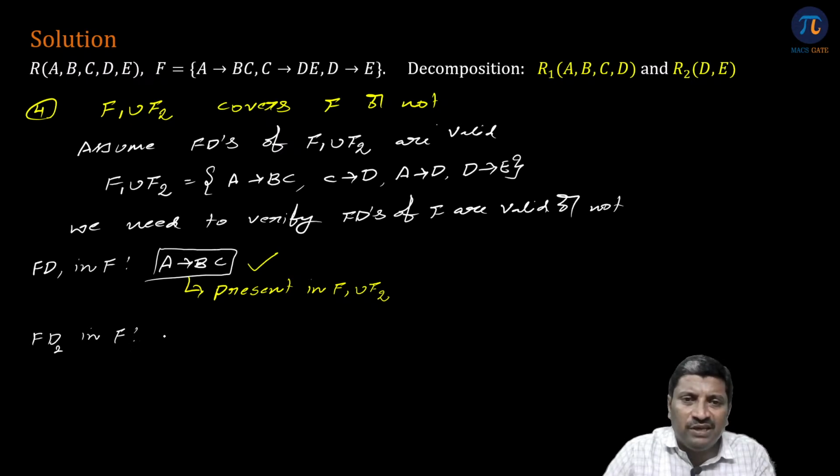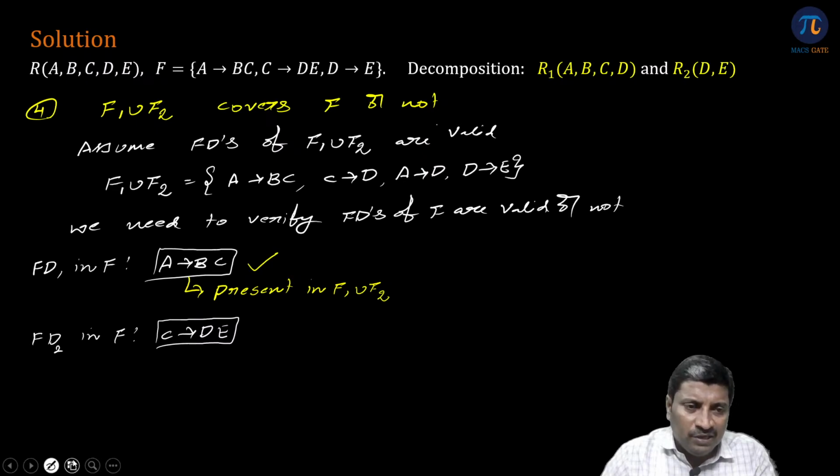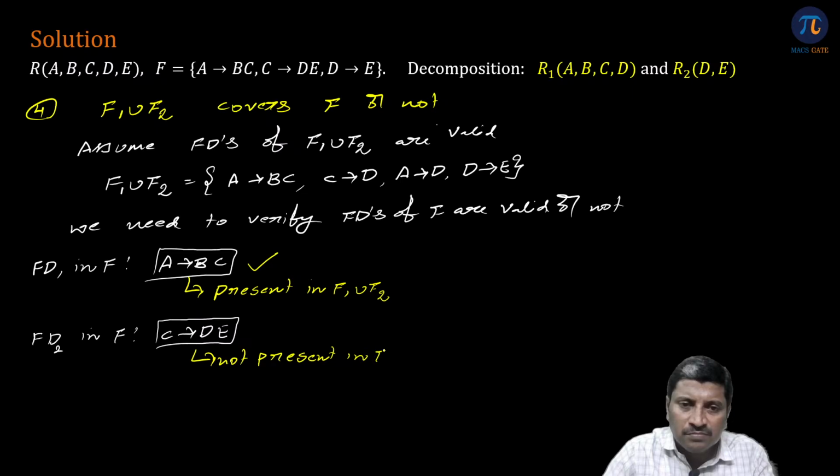The second FD is C implies DE. If you observe it, it is not present in union. So let us find the closure of LHS.